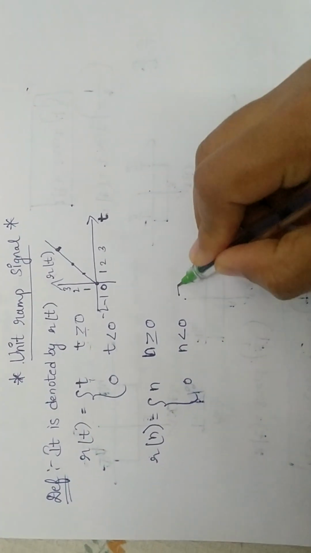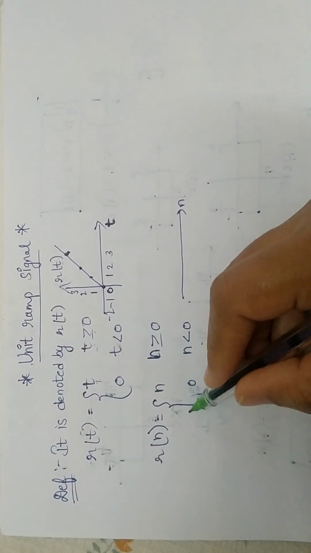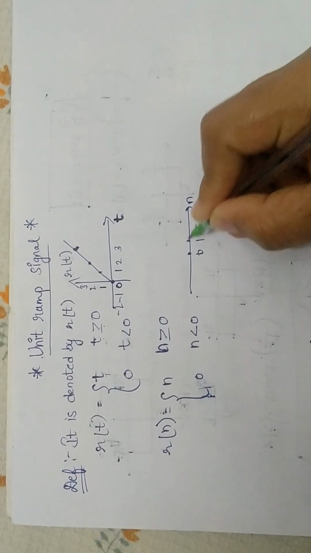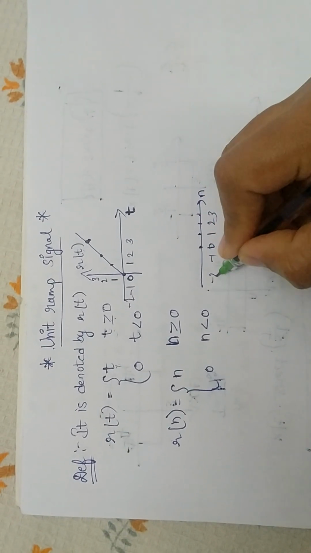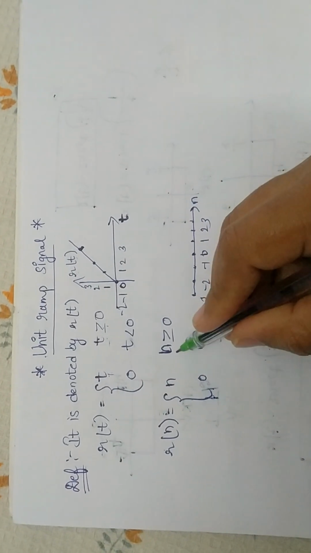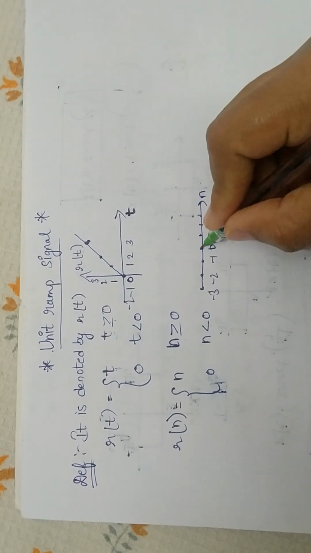This is the continuous unit ramp signal. Now I am explaining the unit ramp signal in the discrete manner: 0, 1, 2, 3, minus 1, minus 2 and minus 3. What is the R of n value for n greater than or equal to 0?